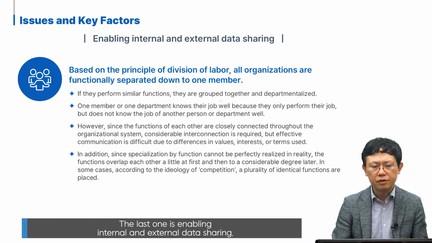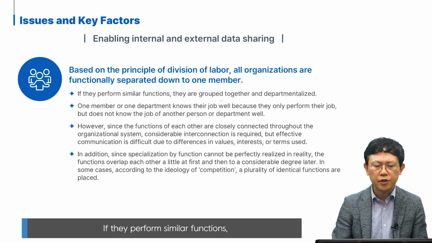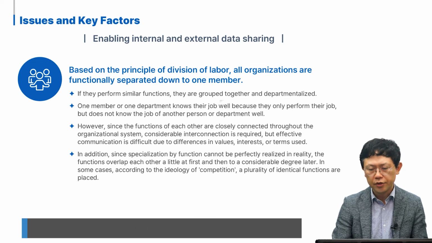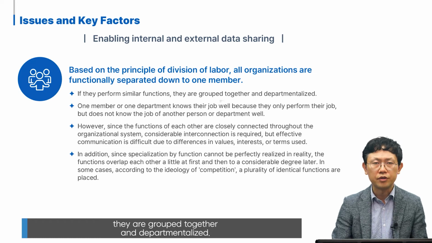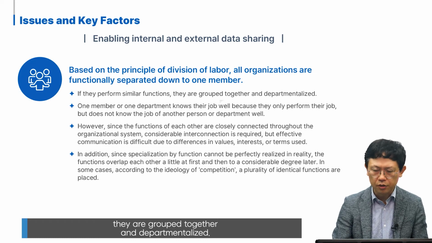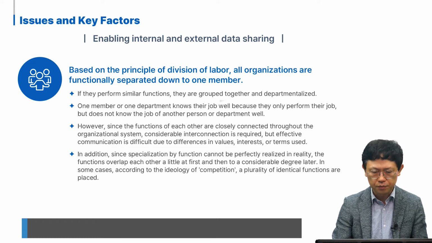The last one is enabling internal and external data sharing. Based on the principle of division of labor, all organizations are functionally separated down to one member. If they perform similar functions, they are grouped together and departmentalized.